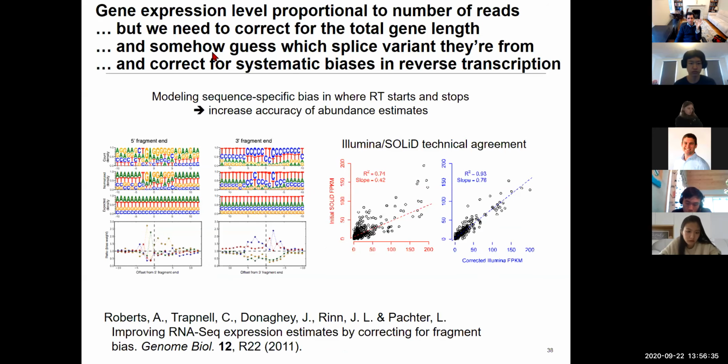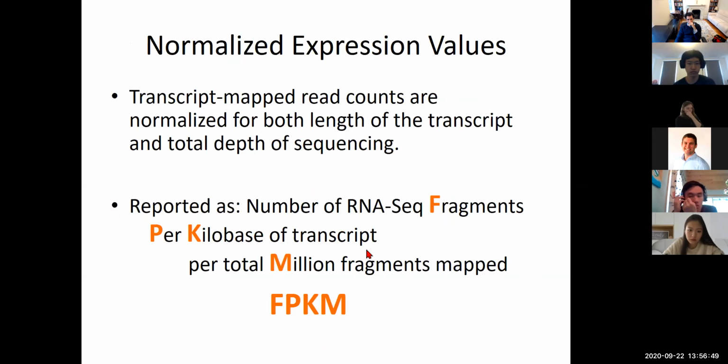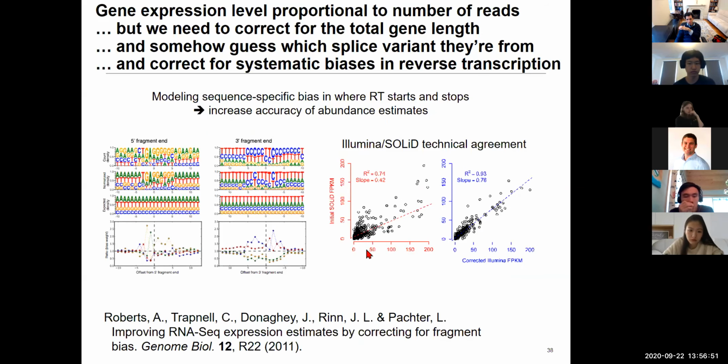Okay. So that's the third part. We have to somehow guess which splice variant the reads are from. But you also need to correct for systematic biases in reverse transcription. Basically, because these transcripts are primed from the tail, the poly A tail, to the interior, when you look at the transcripts themselves, the reads are much more abundant at the end of the RNA molecule.